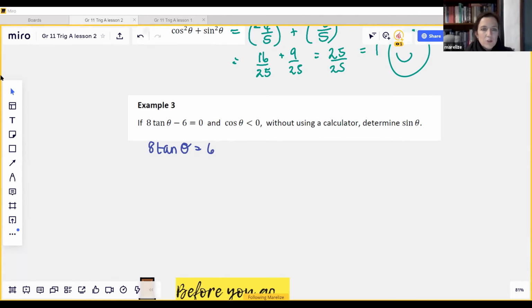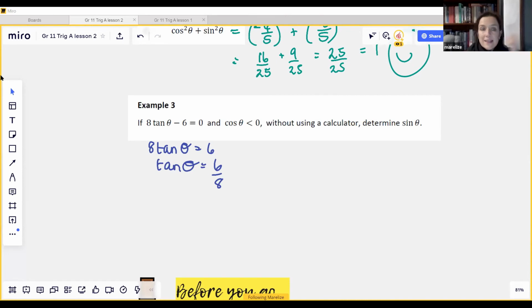Tokozani, while you're at it, you might as well tell us what to do now that we've taken the 6 to the other side. Divide by 8, good stuff. Tan theta is 6 over 8. Yes, thanks, Oratiwe. That's right.